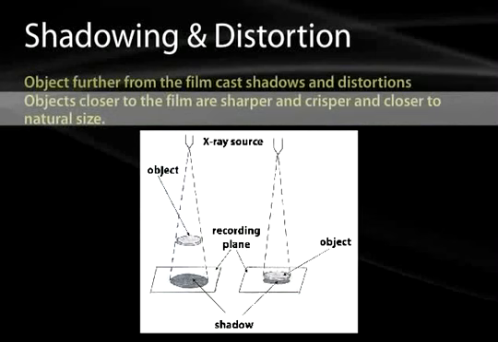If the object is closer to the film, they're sharper and crisper, and closer to their natural size. X-rays will appear sharper and closer when the distance between the source ray and the film increases, and the distance between the object and the X-ray film decreases.